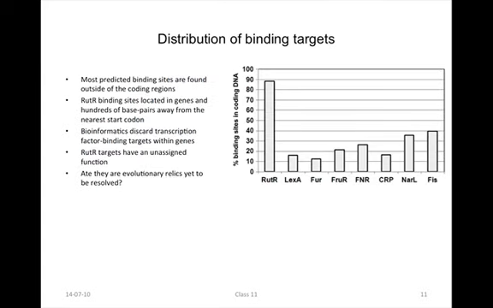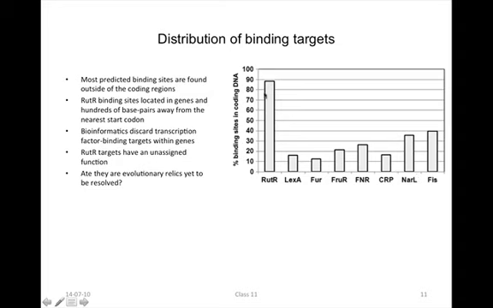Now, how is it distributed for its binding sites? What they did was they took a look at several regulators, LexA, Fur, FruR, CRP, Fis, and asked where these bind. Well, they bind within the intergenic regions and not so much the coding sites.